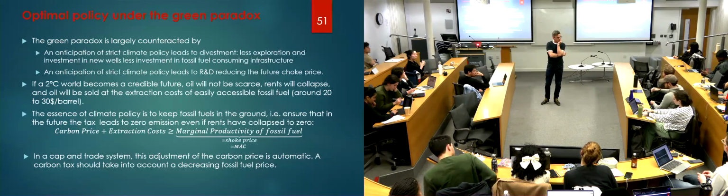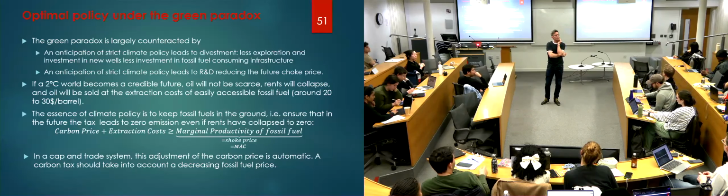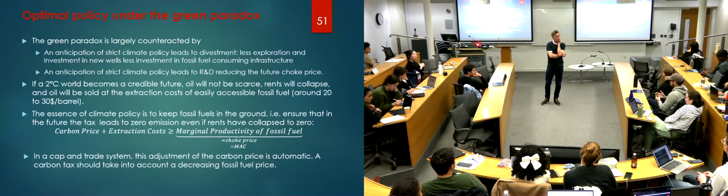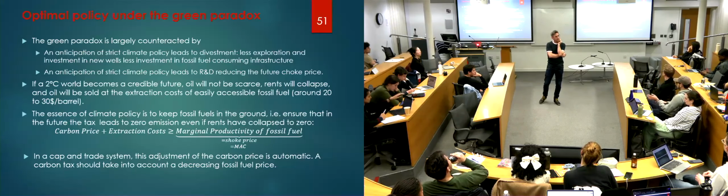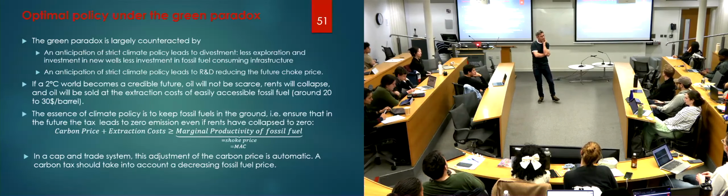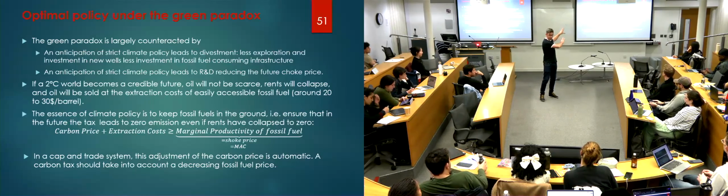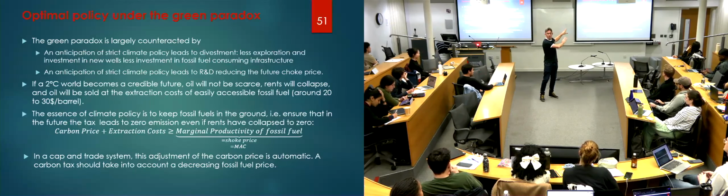In these models, is the price of, let's say, oil determined by the quantity as well? Yes. Or the pecuniary externality of just flooding the market with oil now? Yes. It has this demand function like we saw in week 2. And so in the standard model, you get the green paradox.